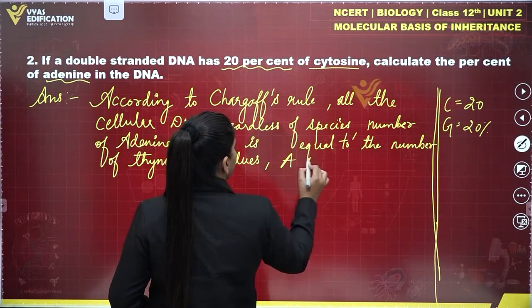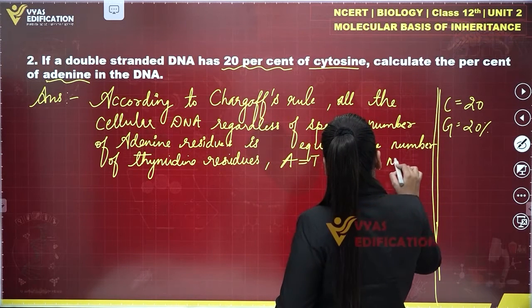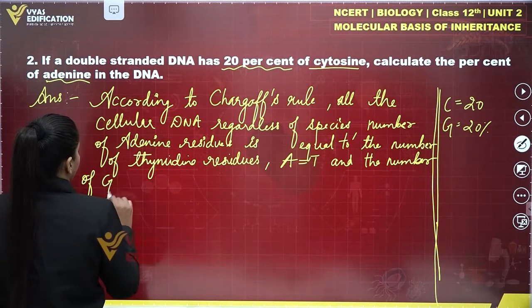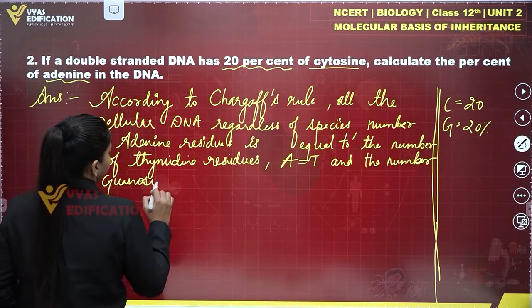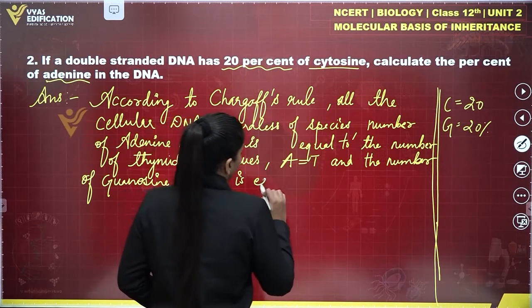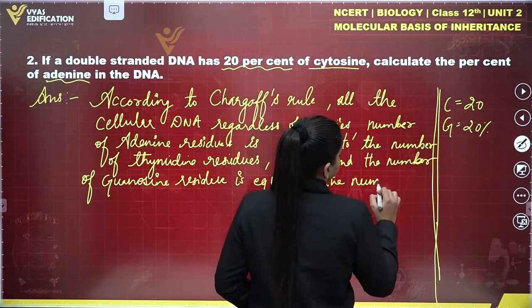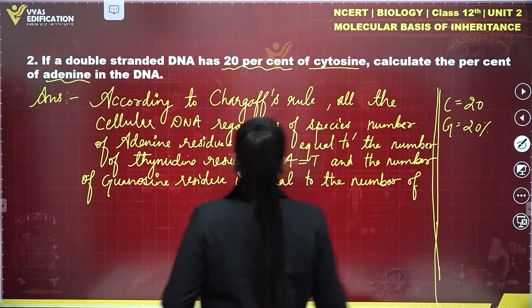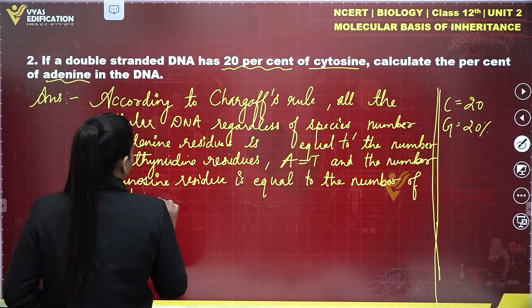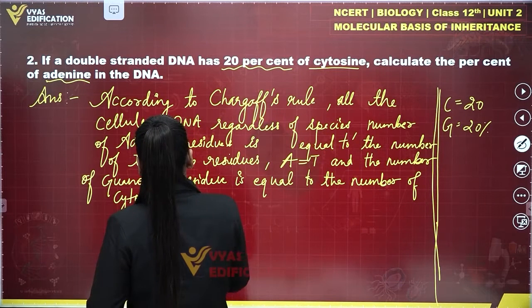That means A is equal to T, and the number of guanosine residues is equal to the number of cytosine residues.